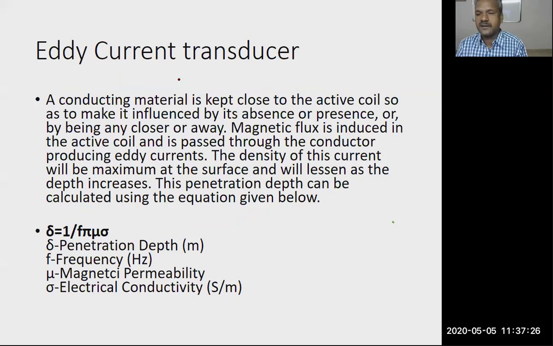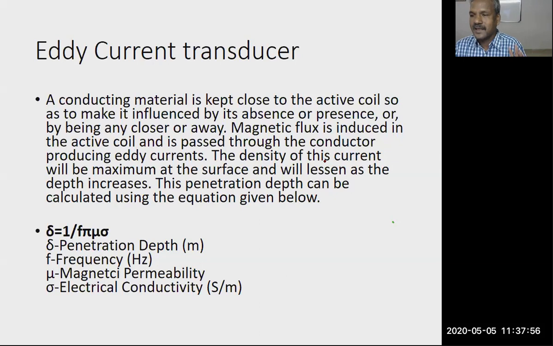This is the eddy current transducer. So this is very simple. The eddy current transducer has two coils, one active coil and one balance coil or dummy coil. Eddy currents are also called Foucault currents. The magnetic flux induced in the active coil passes through the conductor and produces eddy currents.